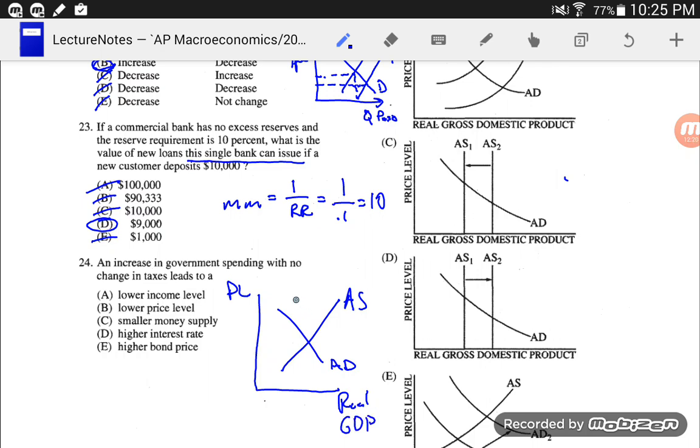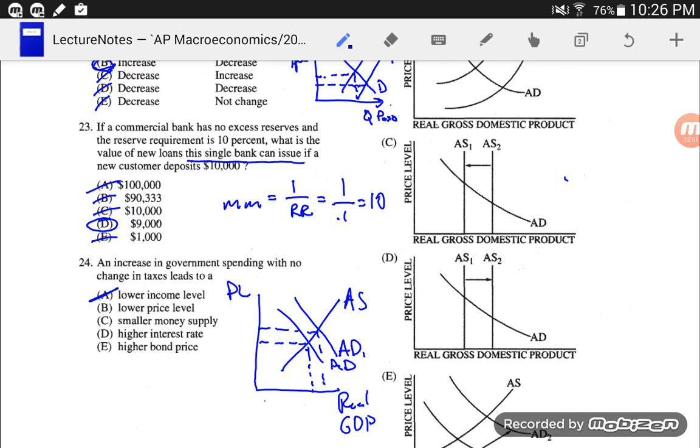If we have an increase in government spending, that should increase aggregate demand, which means price level going up, and the total amount of stuff being produced is going to go up. If we're producing more stuff, that means there are more people employed. That's not a lower income level. That's going to be a higher income level.